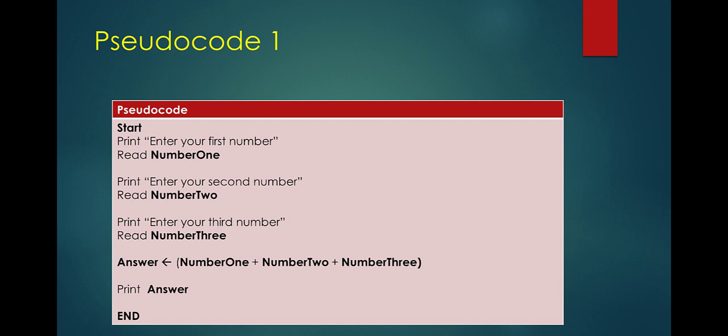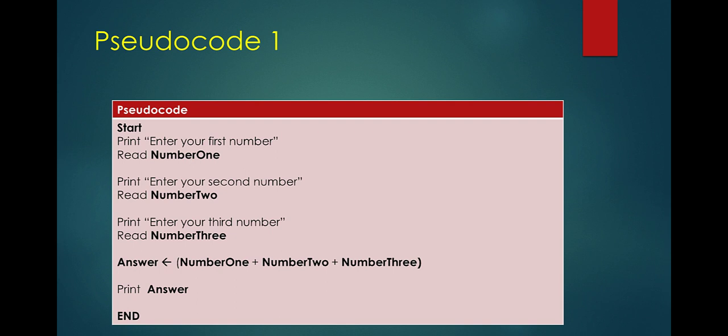So let's see what in our IPO table, we had 3 numbers, as we said. We had 3 variables. So basically, for every variable, the program is printing instructions on the screen for the user, asking the user to enter a number. So we see enter a first number, enter a second number, and enter a third number, right?